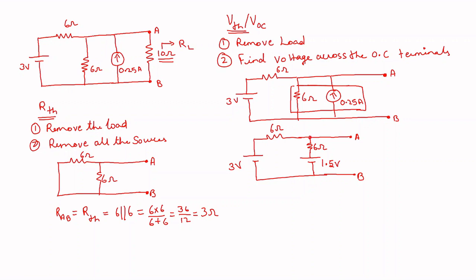Now the voltage across these 2 points, if you find, that will be the voltage across AB. So let me use Kirchhoff's voltage law to do this. There is only one loop in this circuit, starting from 3 volts, 6 ohms, 6 ohms and 1.5 volt.